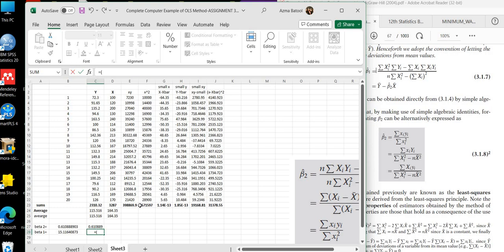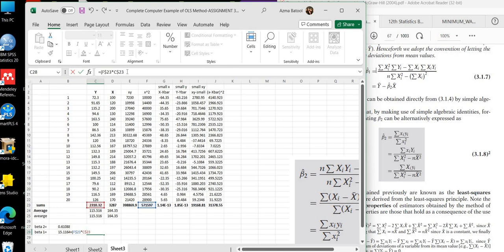Where is summation x square? It's right here. So I will click here, and I will fix this because I just need this, right? Okay, minus into, now asterisk, summation y. Where is summation y? This is the y series, and this is summation y, and again I will put a dollar sign. So I'm done with these two expressions.